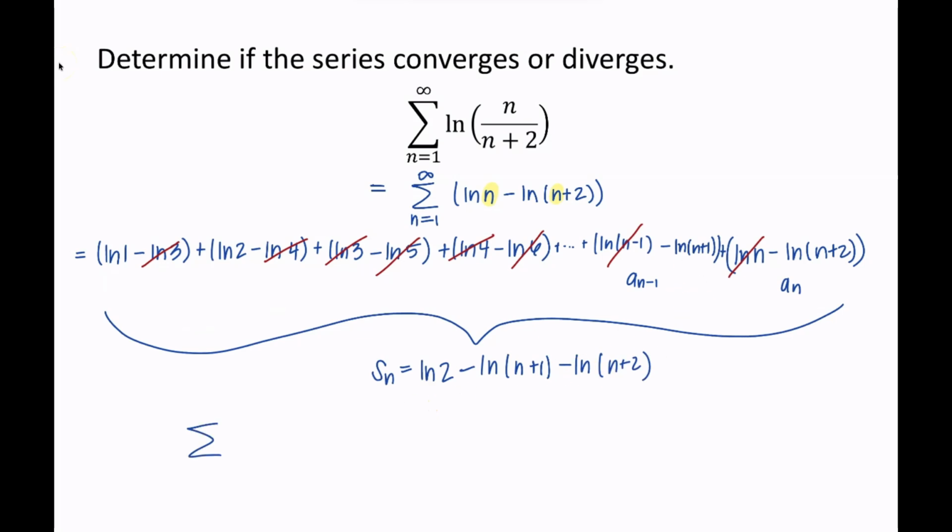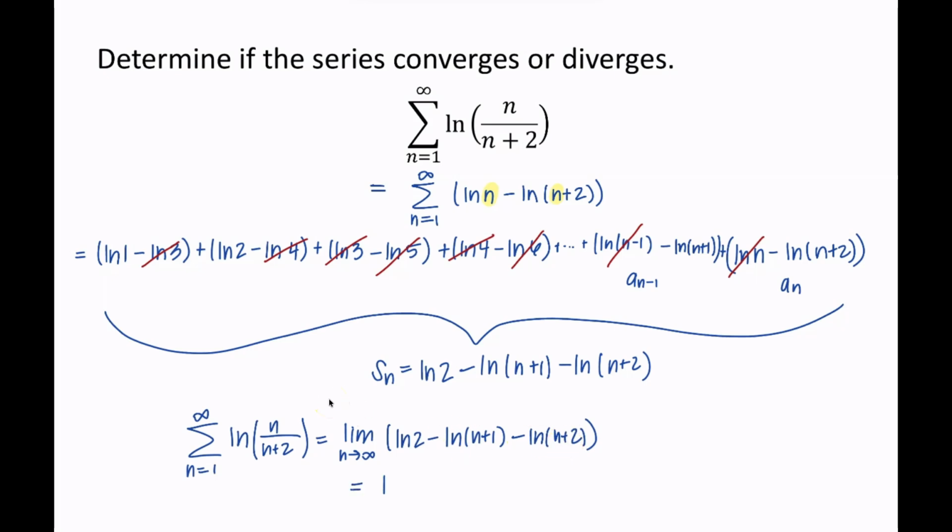So we know that the original series, the sum of n equals 1 to infinity of natural log of n over n plus 2, is equal to the limit as n approaches infinity of natural log 2 minus natural log of the quantity n plus 1 minus natural log of the quantity n plus 2. Well, as n approaches infinity, natural log of n plus 1 and natural log of n plus 2 are each going to infinity.